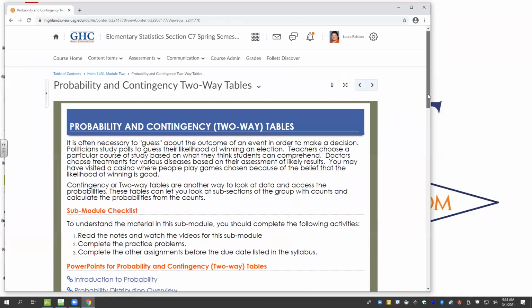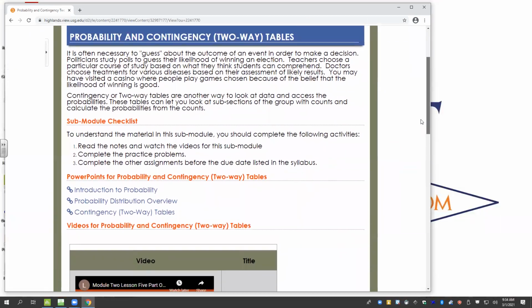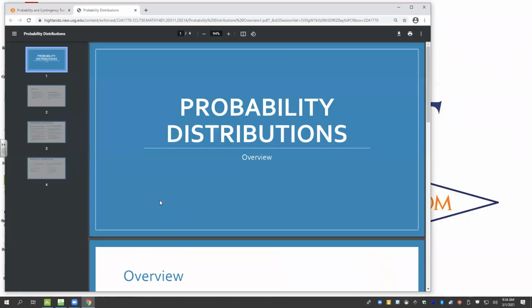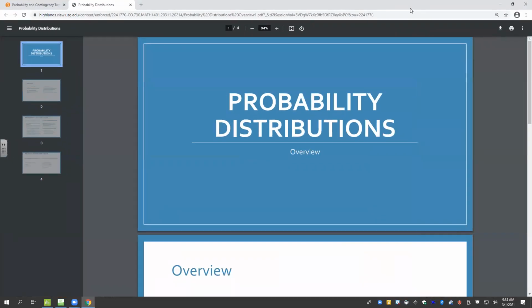The PowerPoint is actually under the lesson probability and contingency tables, which we talked about last week. And it's entitled the Probability Distribution Overview. And so I want to look at that overview first.